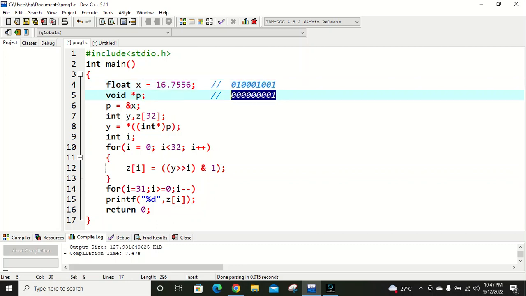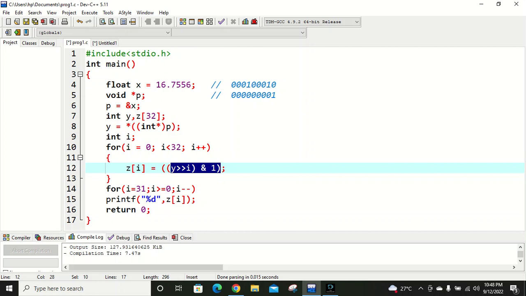Now we will get 1. I store that into the array. Again I shift it. In this way I am identifying the bit pattern. So this 0 is added, this 0 is removed. So what is the bit pattern? With the help of this operation, I store it into the array, and finally I print this value.